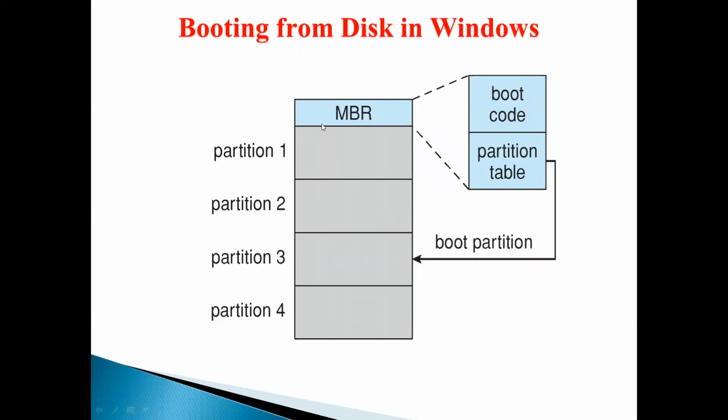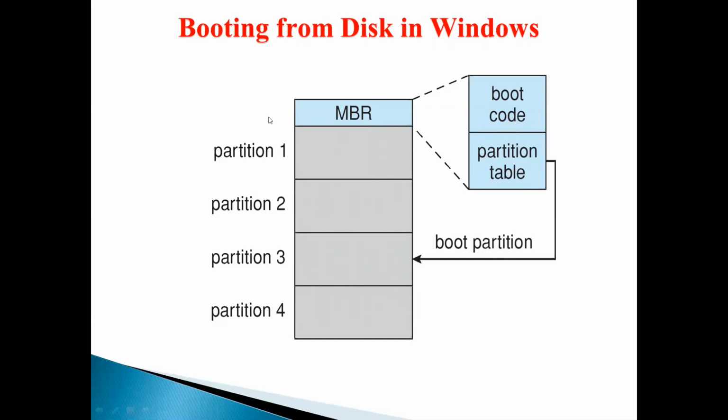Here MBR denotes the master boot record. The first sector on the hard disk is reserved for the master boot record, and this master boot record contains the boot code as well as the partition table. Partition table contains information about which is the boot partition in the hard disk. There may be several partitions, out of which one may be reserved as the boot partition. So this partition table contains information about which partition is going to store your operating system and the device drivers.